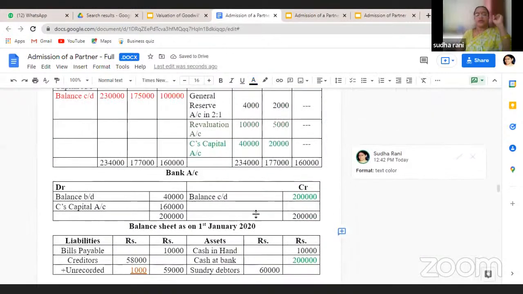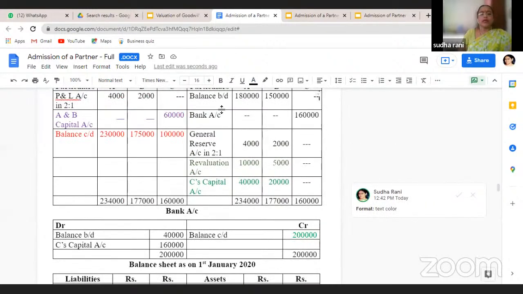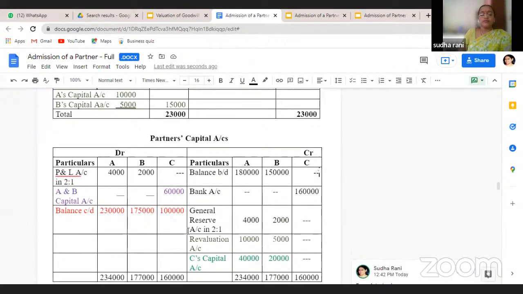C is paying to A and B. So on debit side, that means that 60,000 amount of C's capital is going to reduce. In C's capital, total he paid to A and B 60,000. You should deduct 60,000 from C.